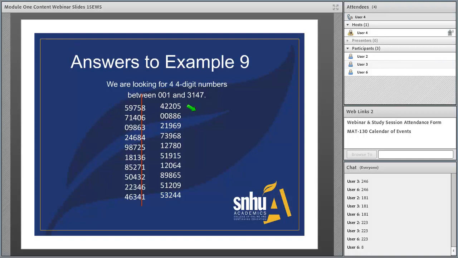I'll let you guys do this. What are the first four-digit numbers that are between 1 and 3,147? Keep going.